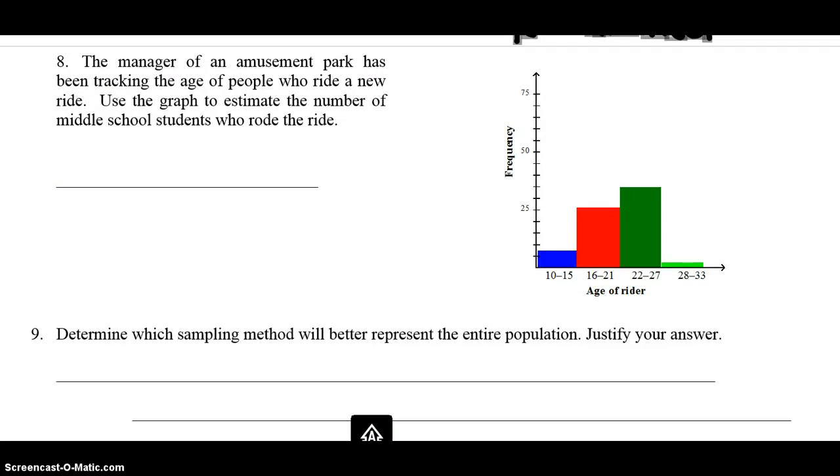Number 8 says the manager of an amusement park has been tracking the age of people who ride a new ride. Use the graph to estimate the number of middle school students who rode the ride. Tricky part here. The age of middle school students is going to be this category right here. The middle schoolers are between 10 and 15. That's tricky.